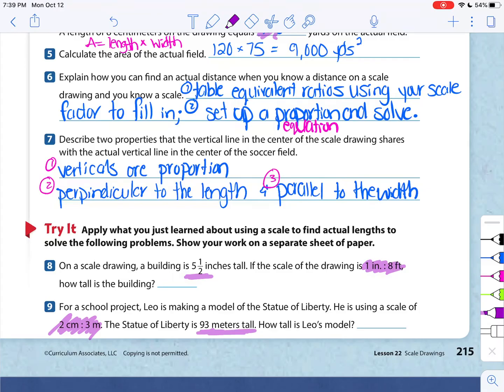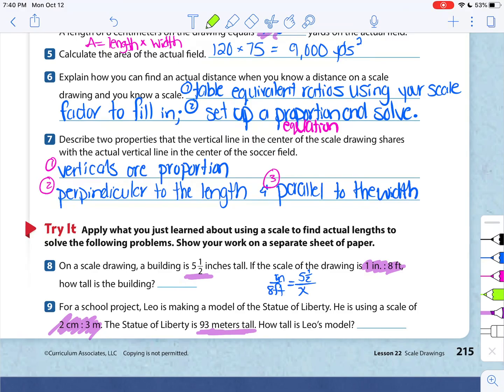So on number 8, when you set up your proportion, you have 1 inch to 8 feet. So 1 inch on the drawing to 8 feet in real life. And then on the scale drawing, a building is 5.5 inches tall. So that 5.5 is going to line up with my 1 inch. Over, we want to know how tall that is in actual life. So that's going to go on the bottom.